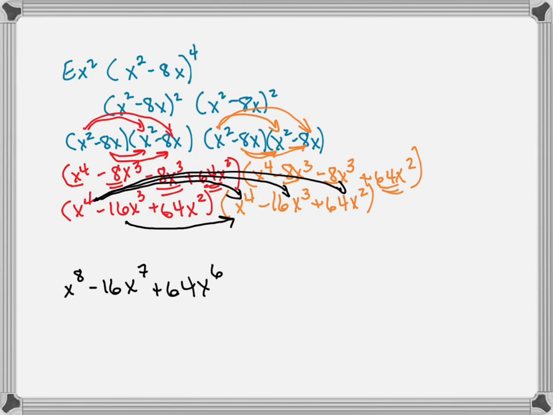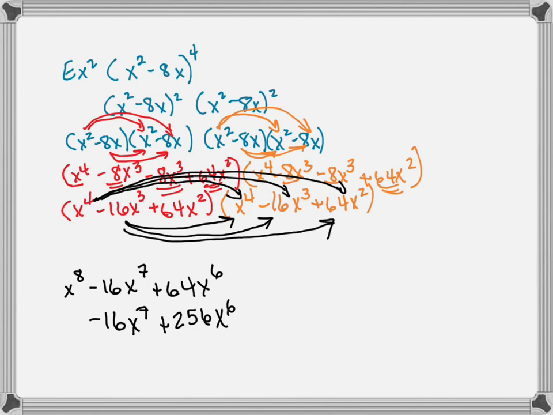Negative 16x cubed times x to the fourth is negative 16x to the seventh. I'm lining up under my like terms. So negative 16x cubed times negative 16x cubed is positive 256x to the sixth. Negative 16x cubed times 64x squared is negative 1024x to the fifth.